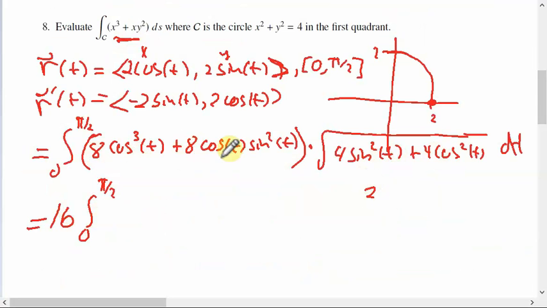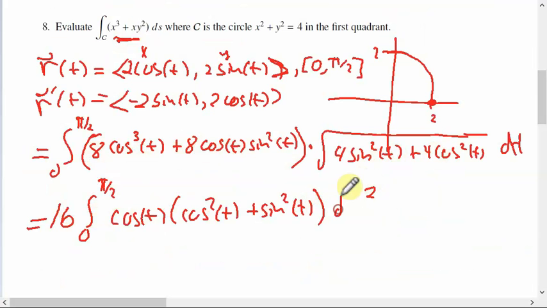And now, with the rest of this, I can factor a cosine out, and it leaves me with cosine squared plus sine squared. So reusing that identity over and over, I get 1, so this is just 16 times the integral of cosine.